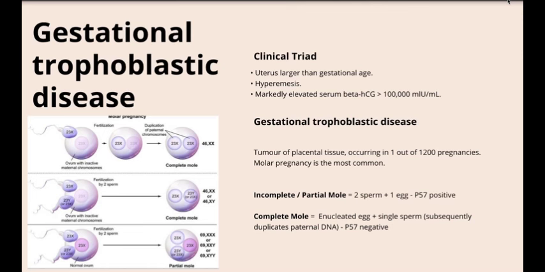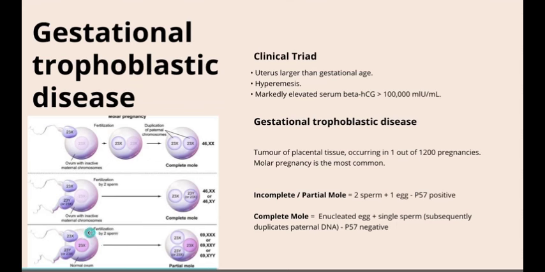Now, there's 2 different kinds, and we'll mostly focus on molar pregnancies under gestational trophoblastic disease. 2 kinds to think about: incomplete or partial moles, and this is when you have 2 sperm that enter 1 egg. So you can see an incomplete fertilization down the bottom here, and you see that what ends up happening is you have a normal ovum, so a normal egg, but 2 sperm fertilize it at once, or that sperm duplicates, and because of that, what you end up getting is this situation where you have 69 chromosomes because of the number of sperm entering the normal ovum.